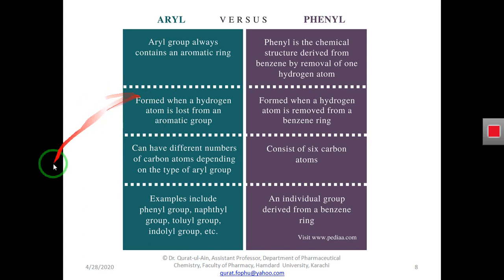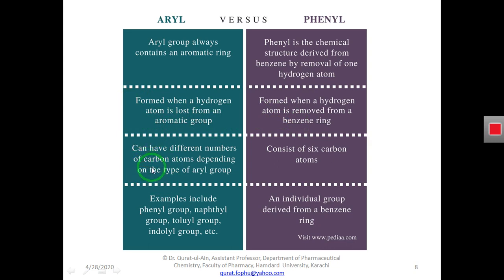So aryl groups are formed when a hydrogen atom is lost from an aromatic group, and phenyl groups are formed when a hydrogen atom is removed from a benzene ring. What is the difference between aryl and phenyl? The difference is the benzene ring. Aryl groups have aromatic groups. However, a phenyl group has a benzene ring.